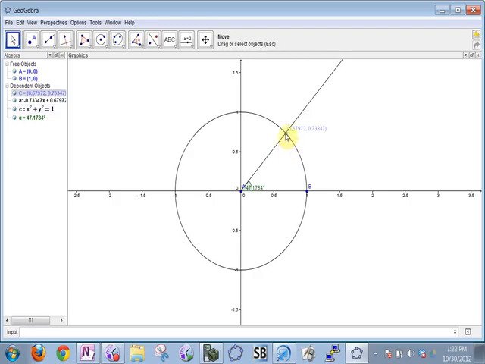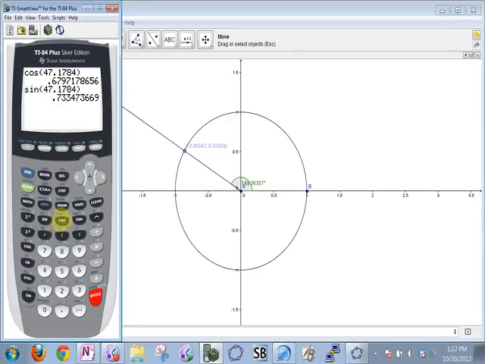All I got to do is take this point and move it over here. There's 149 degrees. What's the cosine of 149.36357? Negative 0.86042. If you don't believe me, check in your calculator.